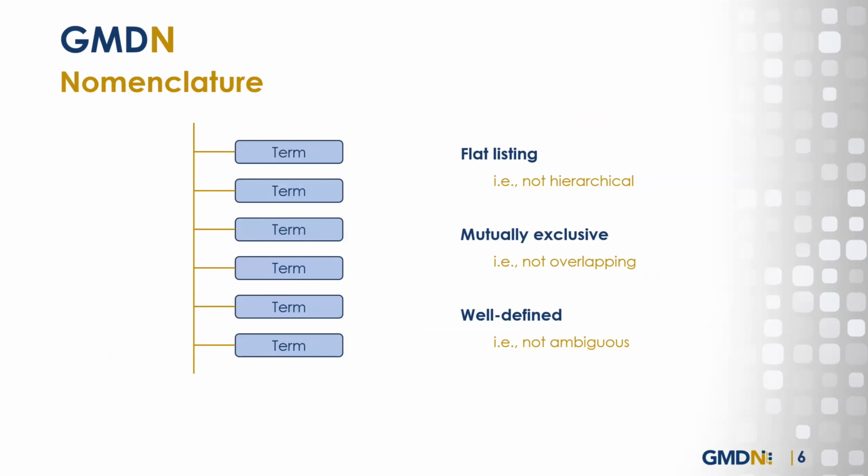The terms form a flat list of terms. We have 25,000 terms active at the moment. And this list is not hierarchical.